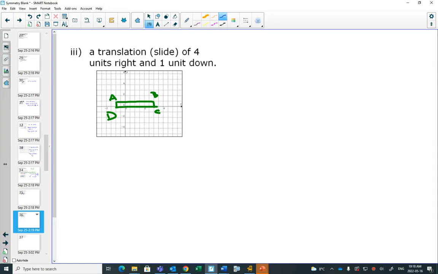So point A would go 1, 2, 3, 4, and then 1 down. Can you see that point A would go there? And B would go 1, 2, 3, 4, and 1 down. It would be off the charts a little bit. And this would be D, and this would be C, and here is your new shape.